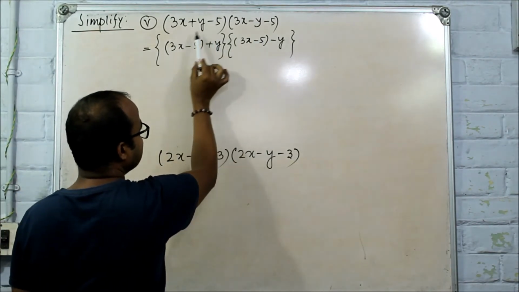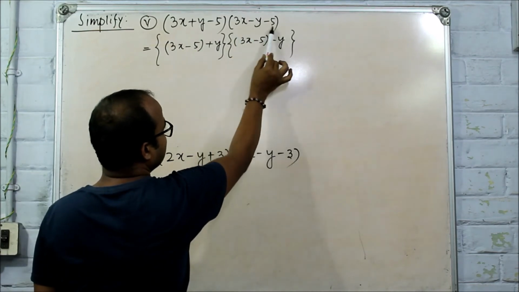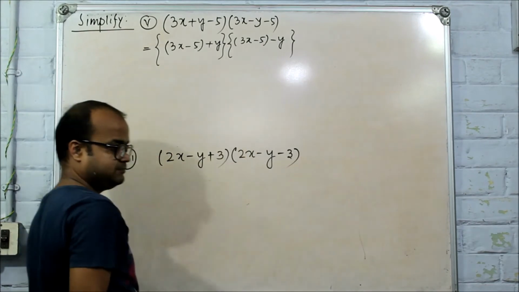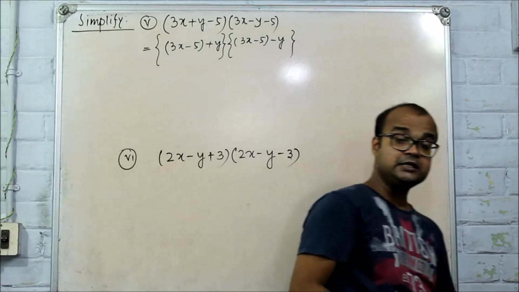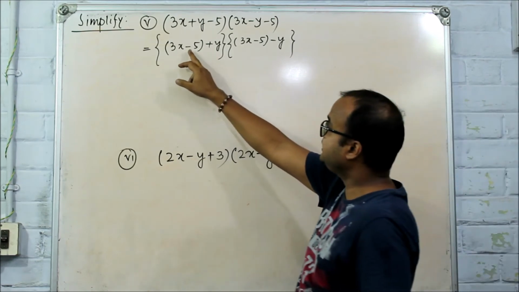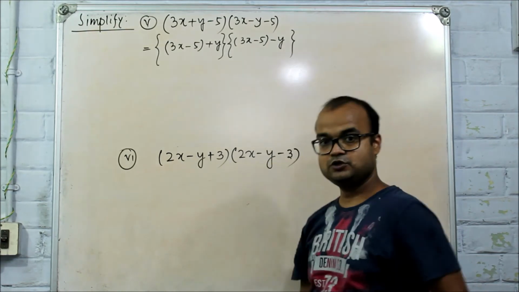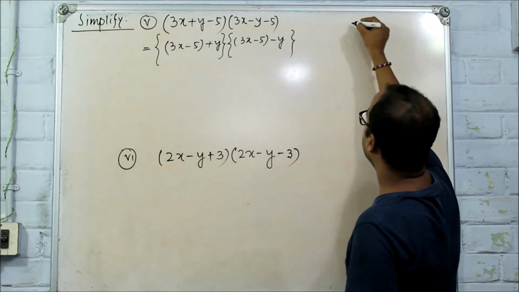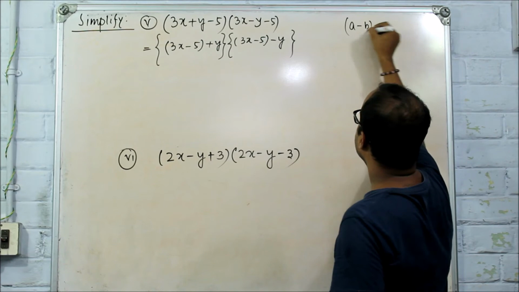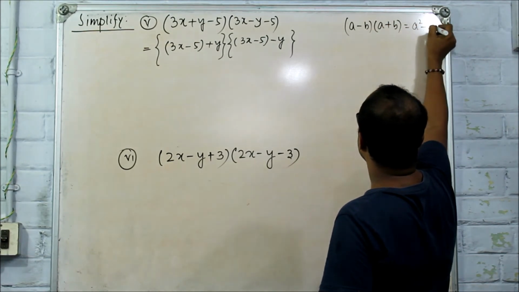So we keep these two terms together and then we are writing plus y, these two terms together and then we are writing minus 5. The basic idea is, if you rearrange the terms, then it is equal to a plus b and a minus b. You can apply the formula of a minus b into a plus b, which is equal to a square minus b square.